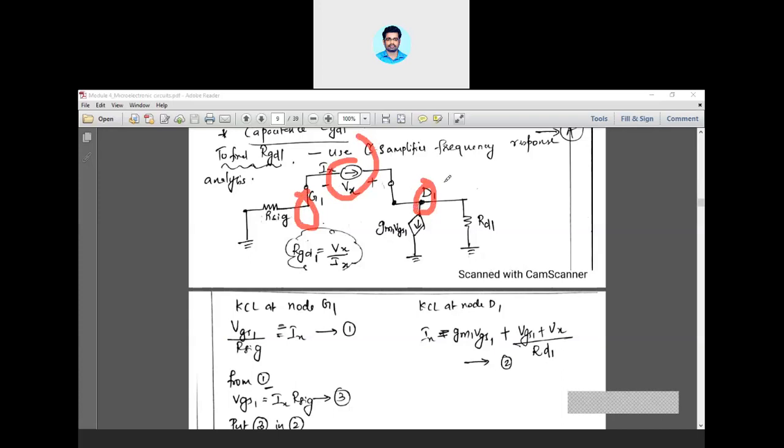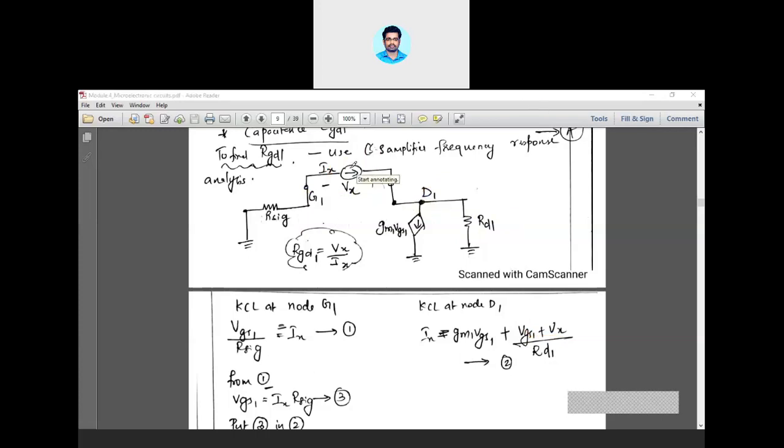So instead of VD1, the voltage at drain 1 can now be represented as the gate source voltage plus Vx. That is what is being mentioned here. So VGS plus Vx is the total voltage developed at the drain terminal, divided by the resistance RD1, which gives the total current through RD1, equal to VGS plus Vx divided by RD1. I repeat again.